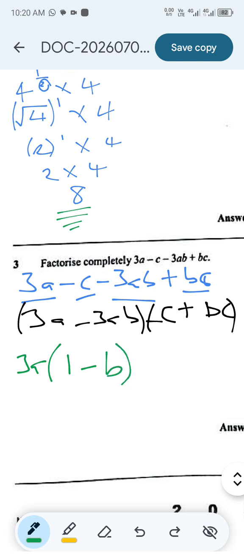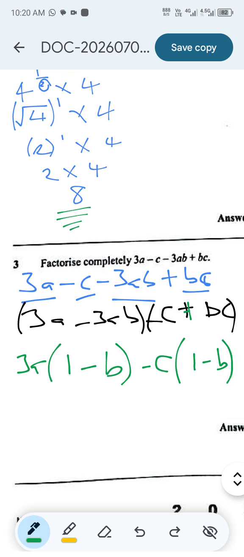And then here we have the common factor, which is negative c, found in both c and bc. So negative c into c, that's positive 1. Negative c into bc, negative times positive, here we are going to have a negative, so c into bc, we are basically going to have b.